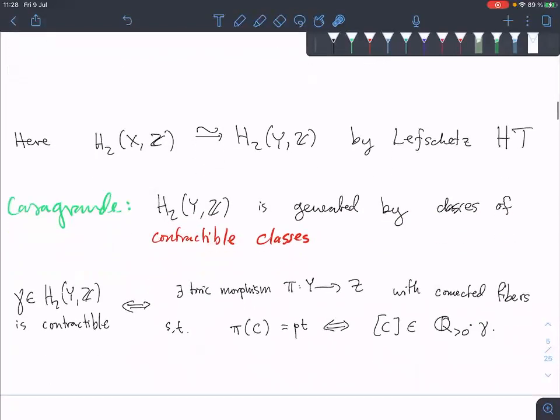We say that a class gamma is contractible if there's a toric morphism to some other toric variety with connected fibers, such that a curve is mapped to a point if and only if the curve is proportional to gamma. That's a contractible class.